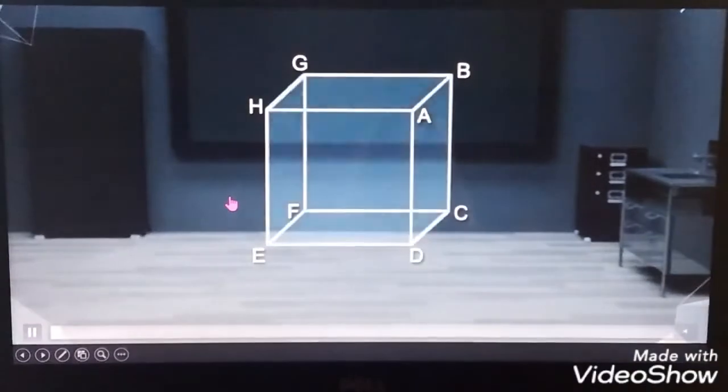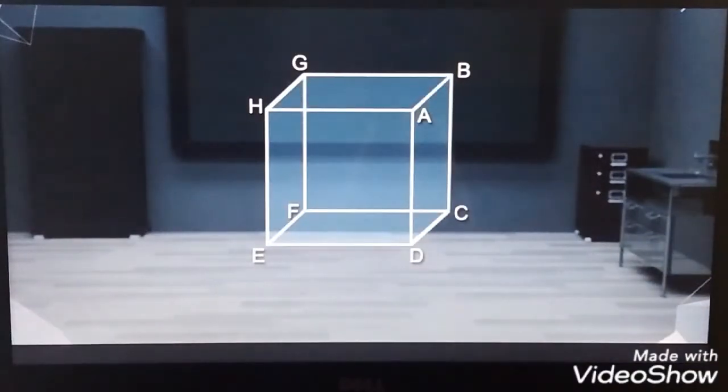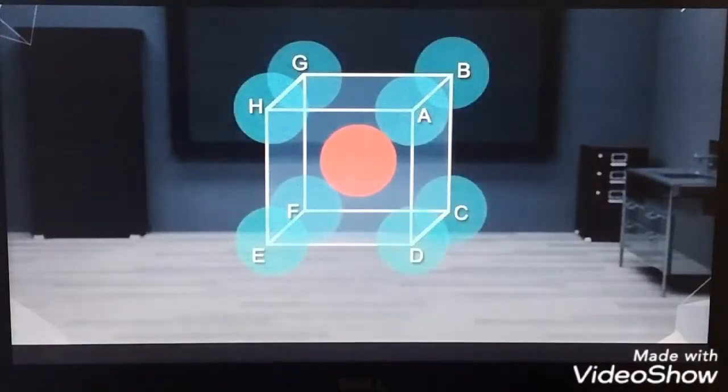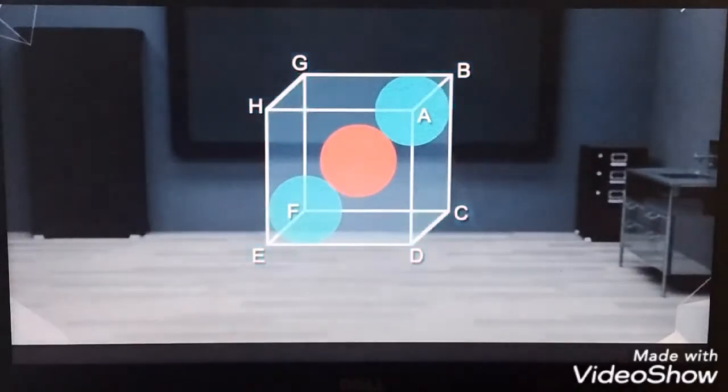Packing efficiency of a metal crystal in a body-centered cubic lattice. In a body-centered cubic structure, there is a particle at the center of the unit cell, in addition to the particles at the corners. Thus, in a body-centered cubic structure, there are three spheres in contact with each other along the body diagonal.